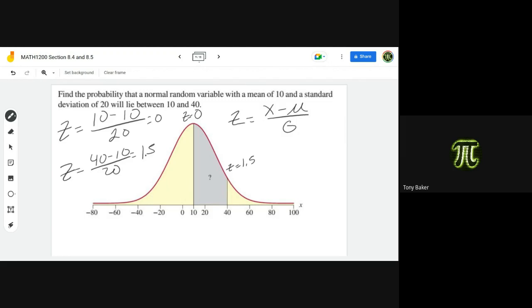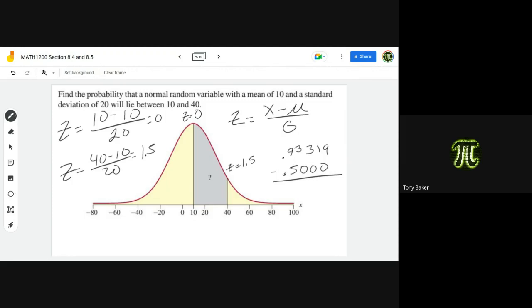Now we're going to go back and do exactly what I just did in the first 30 minutes of class. What's the Z of 0? And what's the Z of 1.5? Oh, you did the biggest and the smallest.